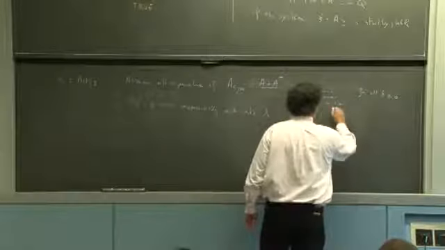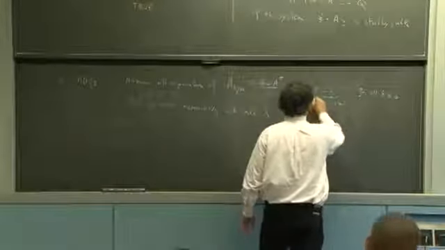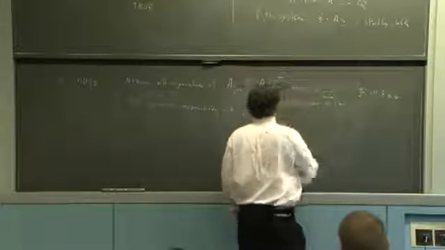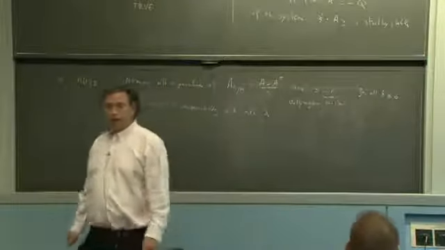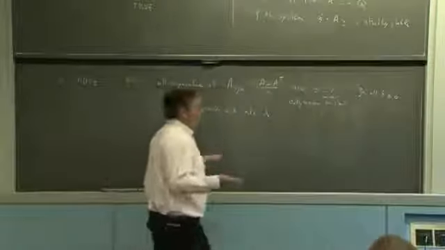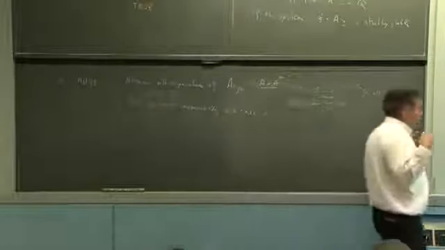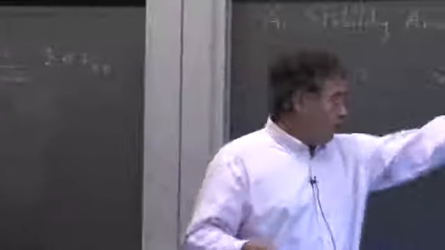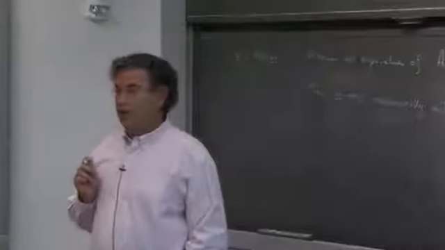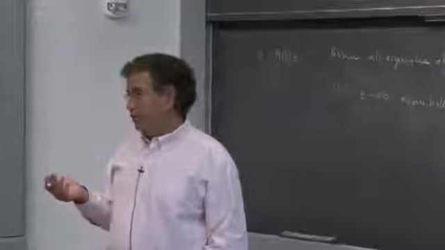This constant, of course, is strictly negative. So suppose that not the eigenvalues of A, but the eigenvalues of the symmetric part of A are all strictly less than some negative constant, then that will work.